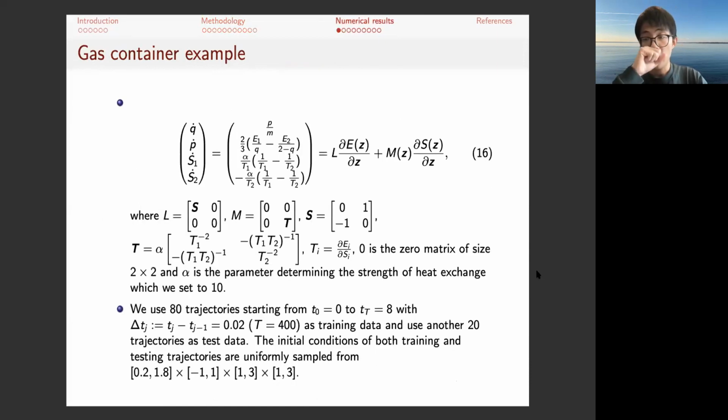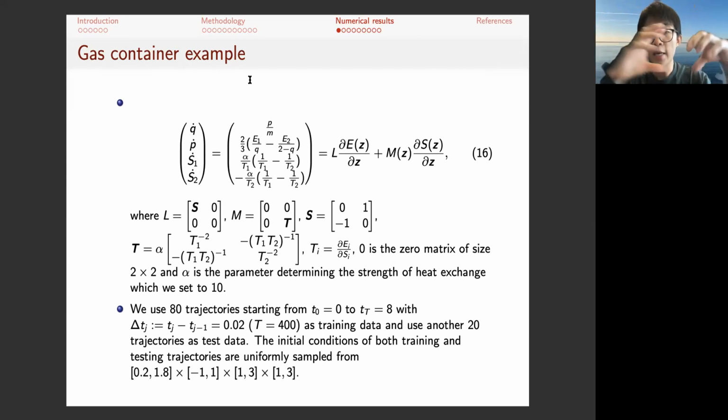So we first test our method on a gas container example, where the state variable is given by Q, P, S1, and S2. We have a gas container where in the middle there is a wall that can be pushed left or right.